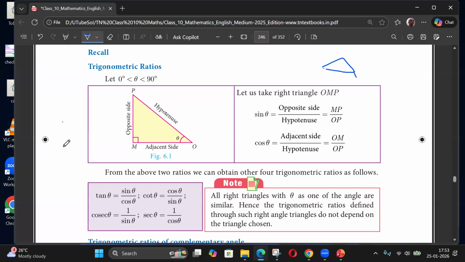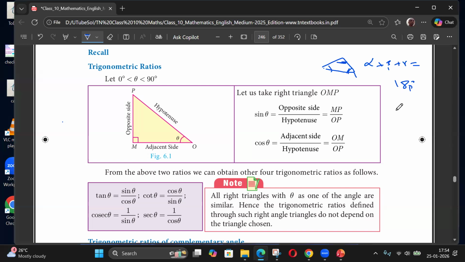Because the sum of the angles in a triangle should be how much? Say this is alpha, this is beta, and this is gamma. The sum of the three angles is 180.